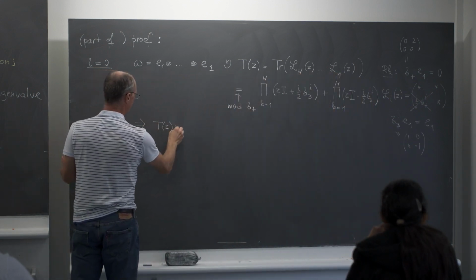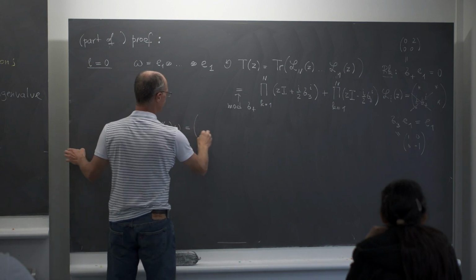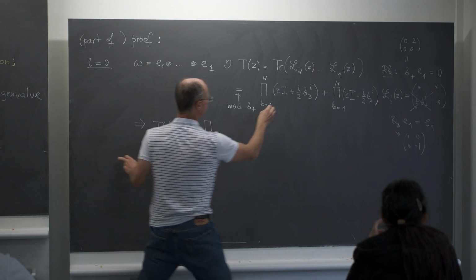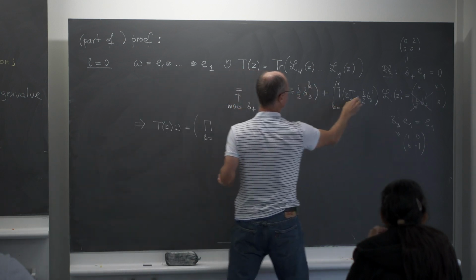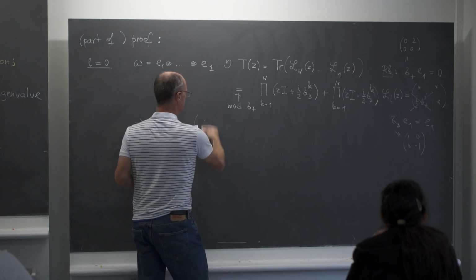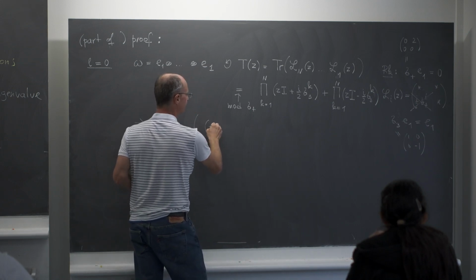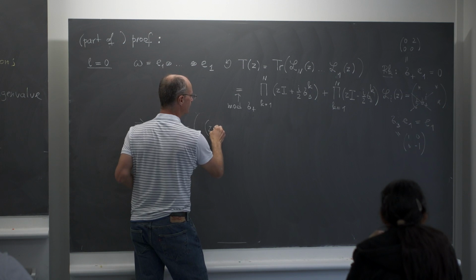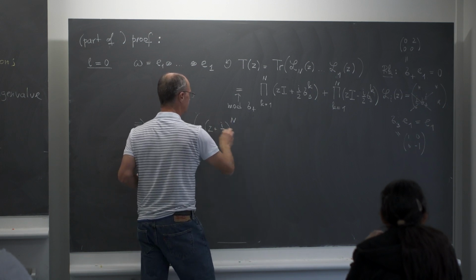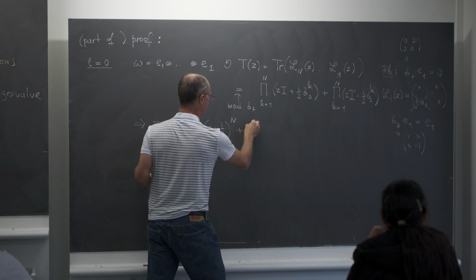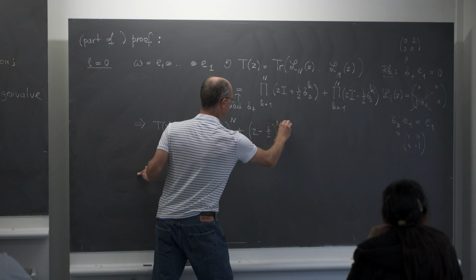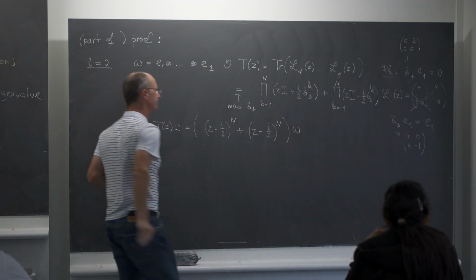So T of z acting on omega is equal to the following. It's a product, oh sorry, here would be k. So, in fact, it will be z plus I over 2 to the power n plus z minus I over 2 to the power n, times omega.